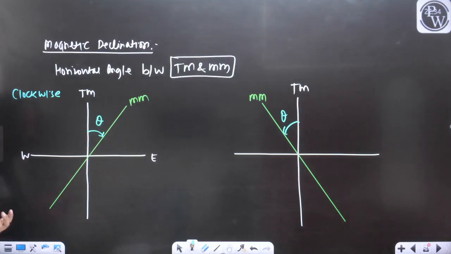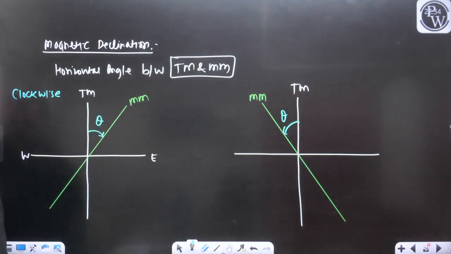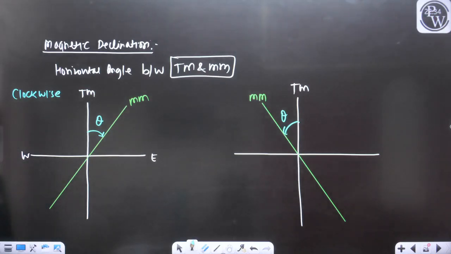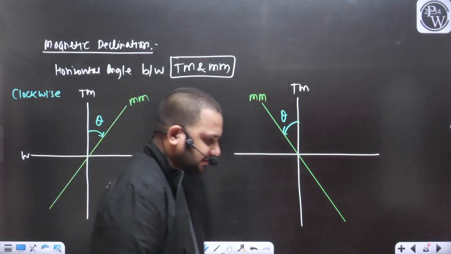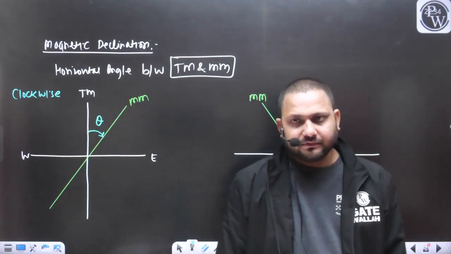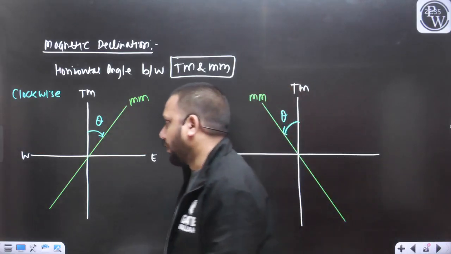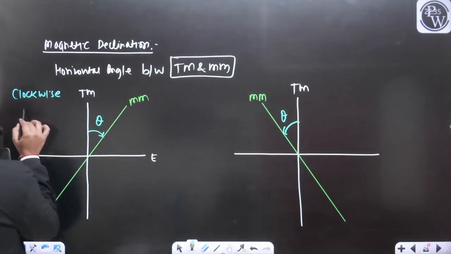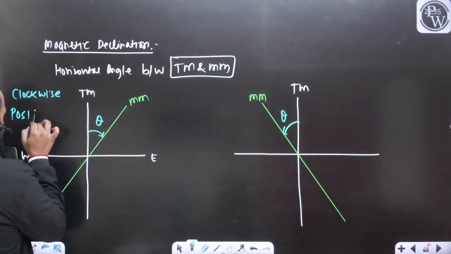It is general practice that we consider the clockwise direction as the positive direction. So if you don't have any problem, can I also say this is going to be the positive declination?